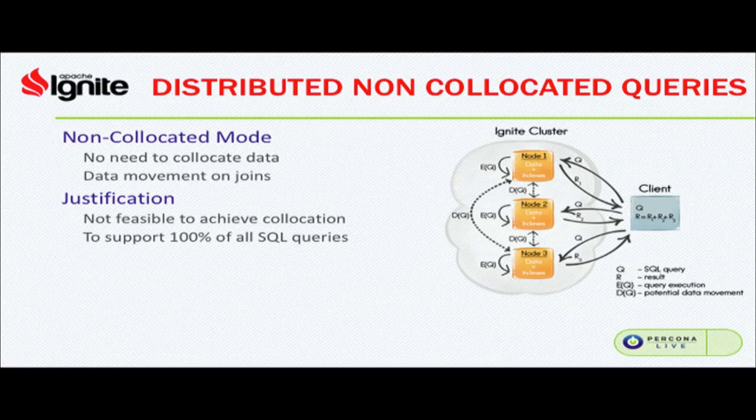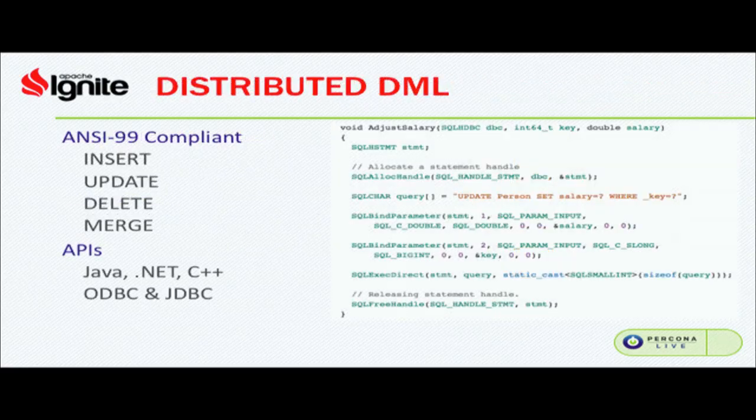Okay, that was about how we can read the data from our cluster. What about data modification? Since Apache Ignite is a distributed key value storage, you can update the data using conventional key value operations like put key and value, or get key and value.